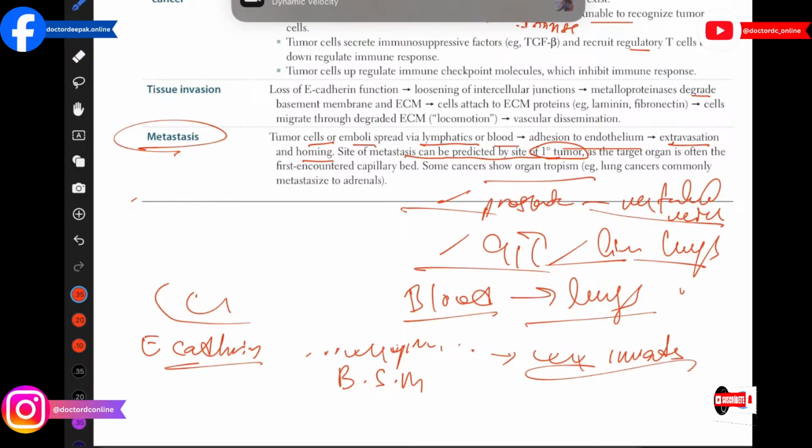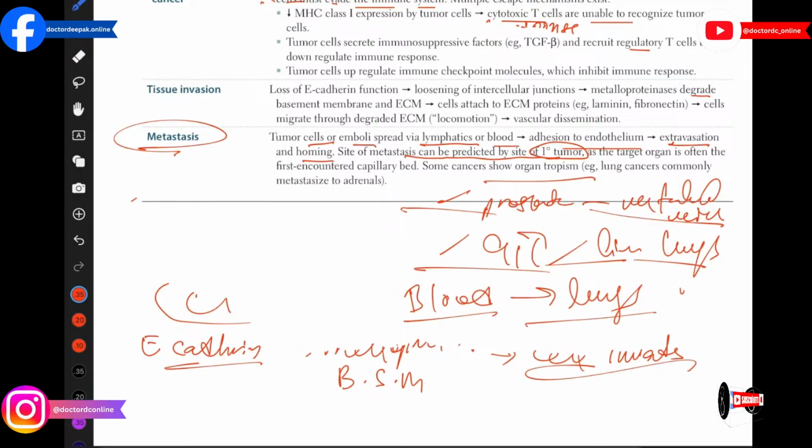And secondly, there are some other important points I want to share. Like you guys already know, there are two types of spread, by lymphatics or by the blood.